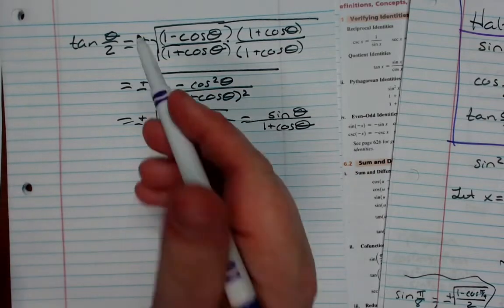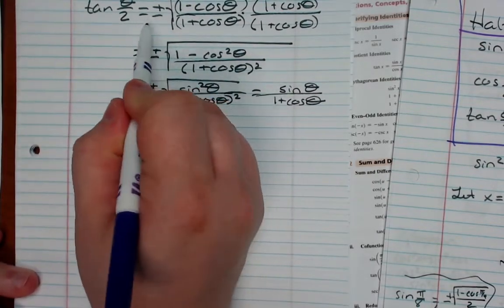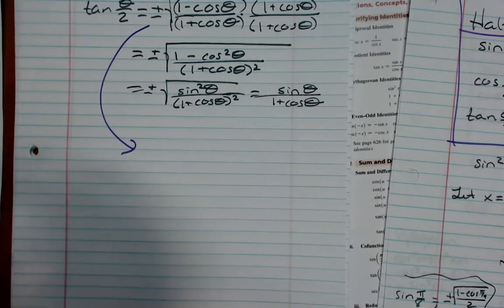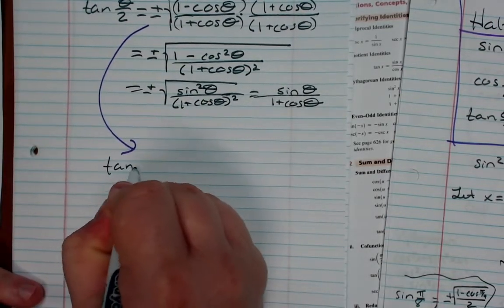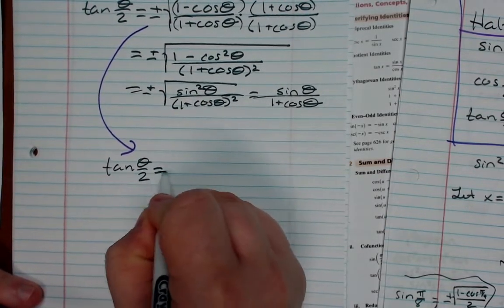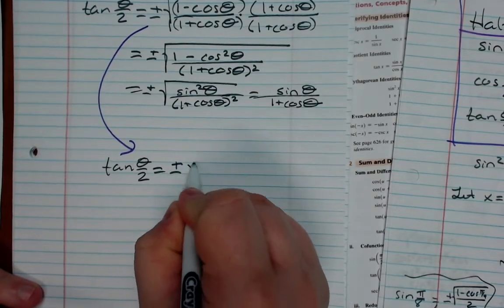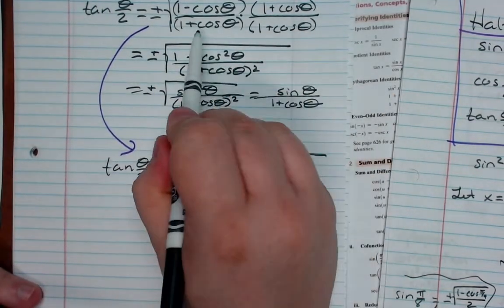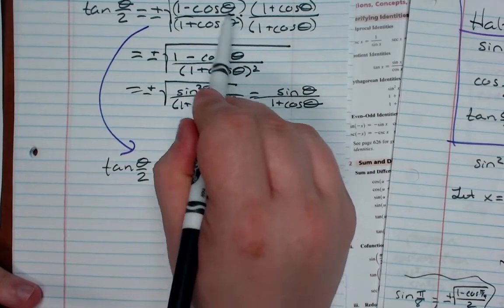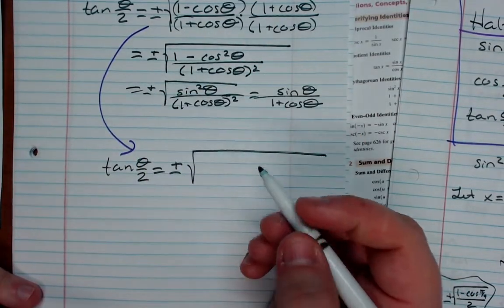And then our other form, copy this down: tangent theta over 2 equals plus or minus the square root. Now we're going to multiply top and bottom by the numerator.